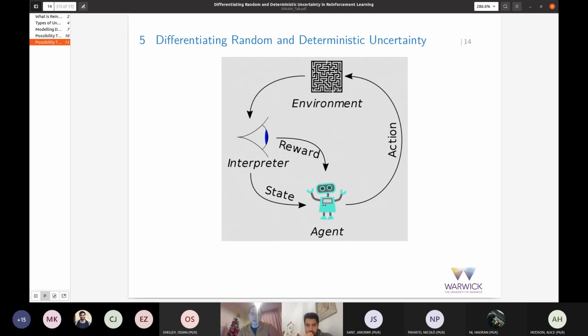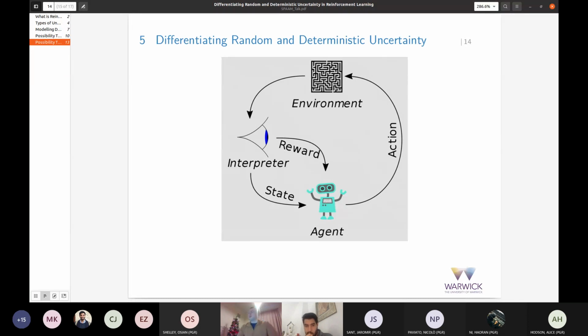Whereas the uncertainty in position caused by GPS could be considered deterministic uncertainty because you are in one fixed place and you can work to resolve this uncertainty with the other sensors you have, so the cameras or whatever would give you an exact location.